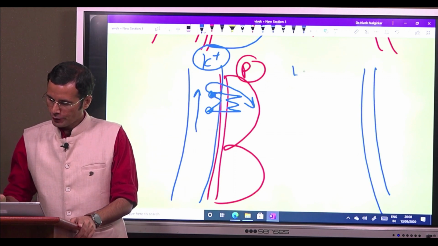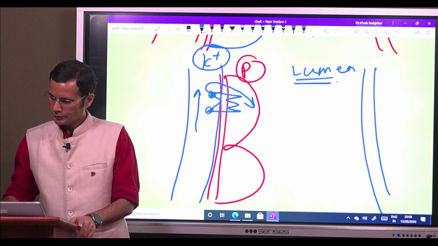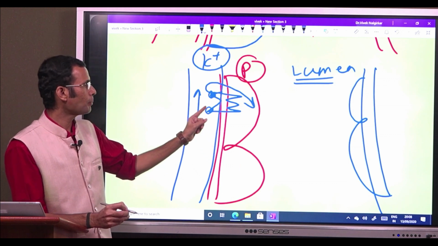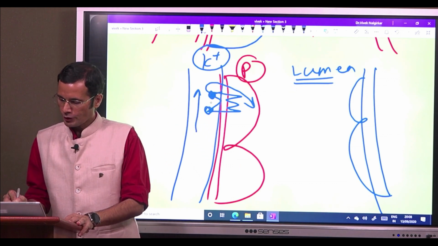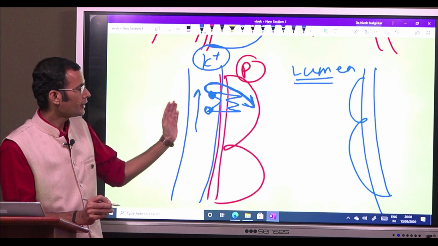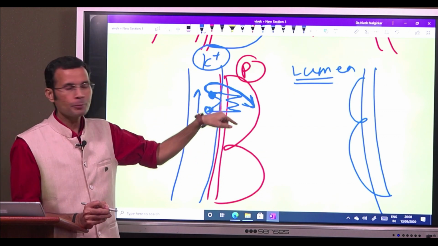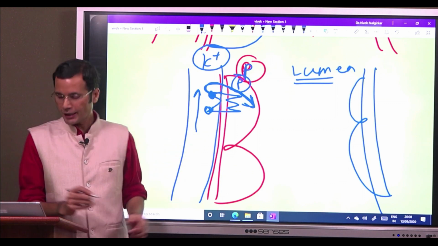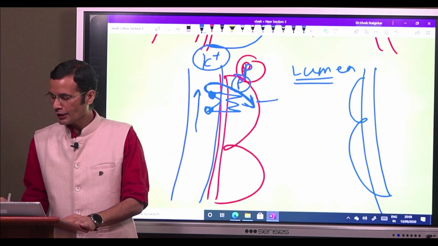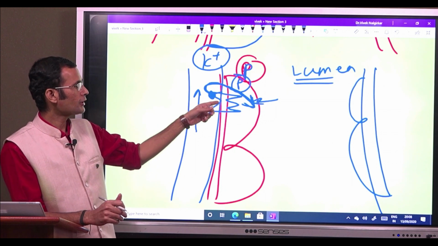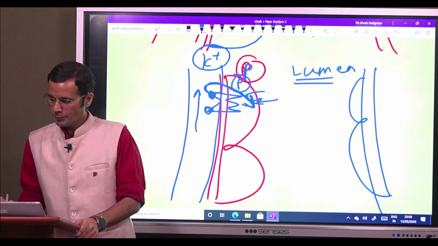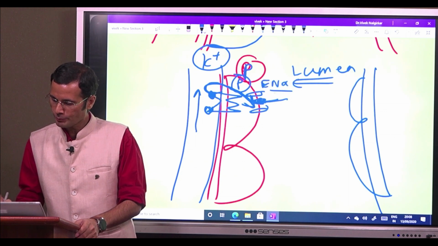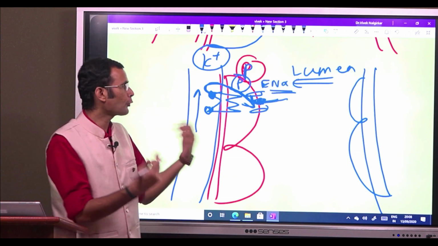Here is a tubular lumen, right? So increased activity of the sodium potassium pump means what? Potassium from the blood has been pushed into the principal cell, P cell, and on the other hand, because the activity of the sodium potassium pump has increased, sodium from the lumen is entering via ENaC, epithelial sodium channel, creating the electrochemical driving force.